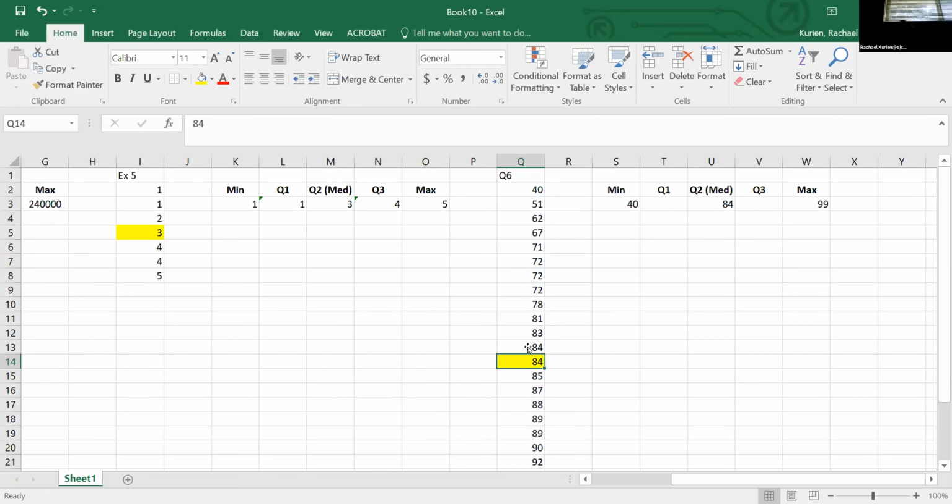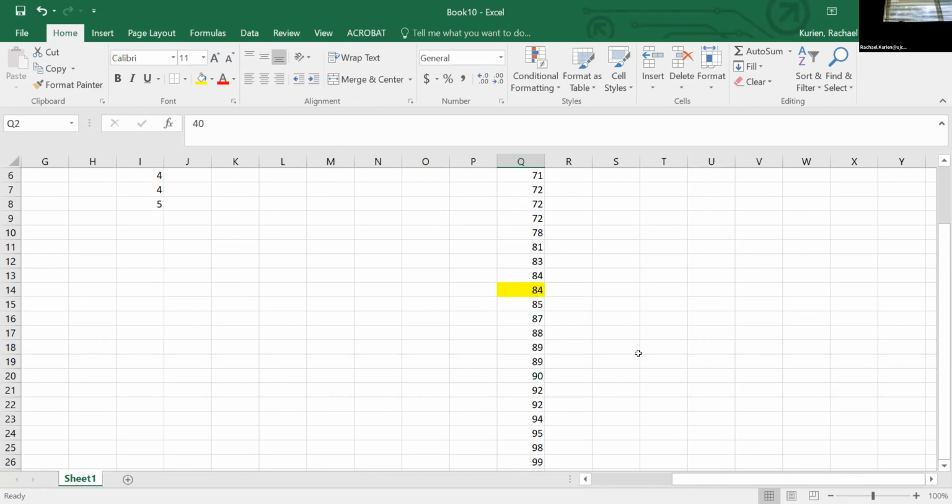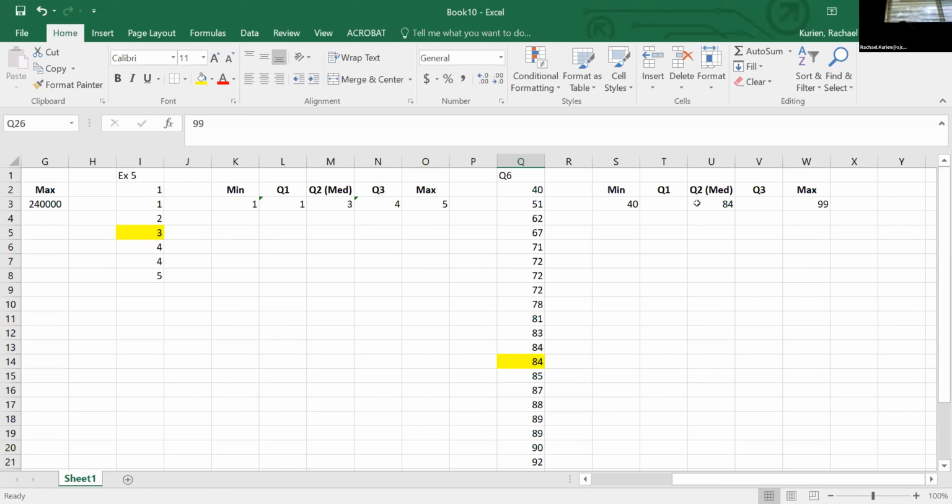That's the middle one. So you can see that there's 1, 2, 3, 4, 5, 6, 7, 8, 9, 10, 11, 12 numbers on top. And there should be 12 numbers on the bottom. 1, 2, 3, 4, 5, 6, 7, 8, 9, 10, 11, 12. All right. Now that we found the median, we're going to find where is the quartile 1 of this top portion. So what's the middle of that top?